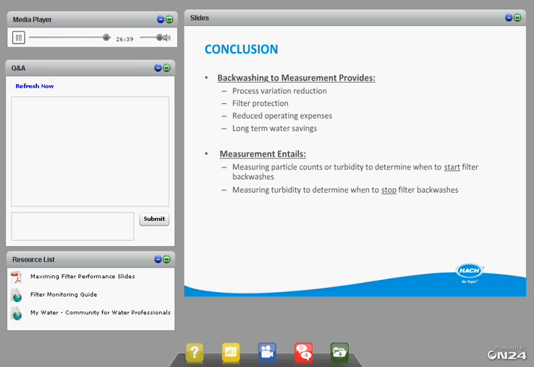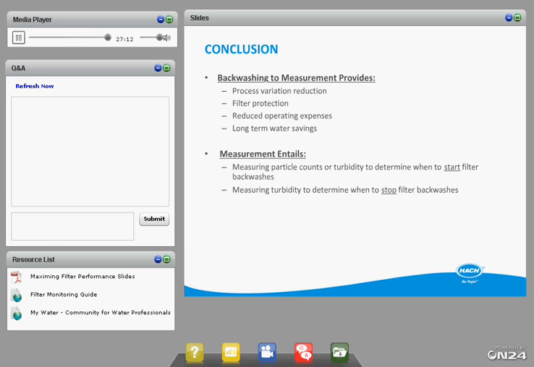So in conclusion, backwashing to measurement certainly reduces the process variation, which allows you to have more control over your process. It protects your investment in your filters, reduces operating expenses in the long term, and also has long-term water savings. Measurement, such as with a particle counter or specifically the FilterTrack 660 laser turbidimeter, can help determine when to start a backwash, ensuring you're getting the most out of your filter run times.